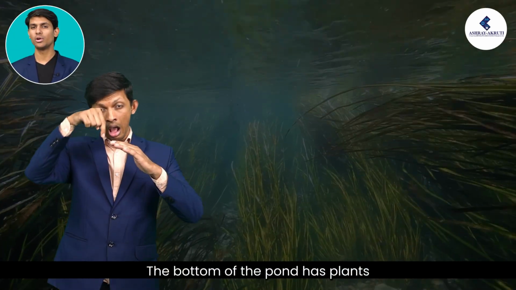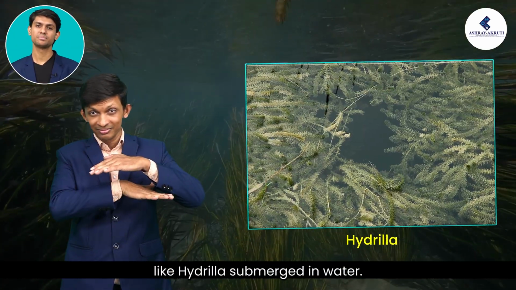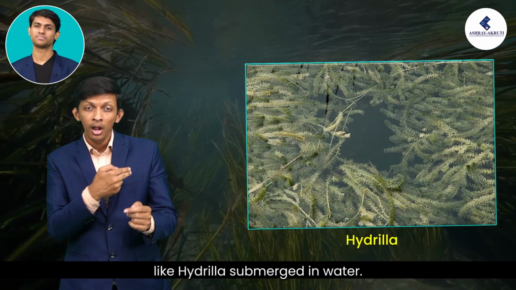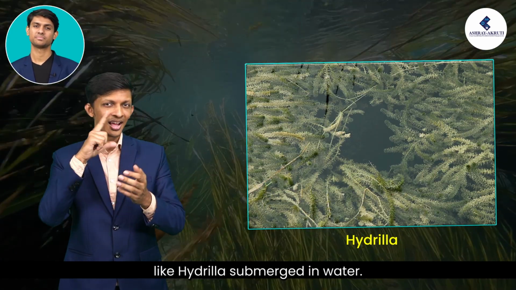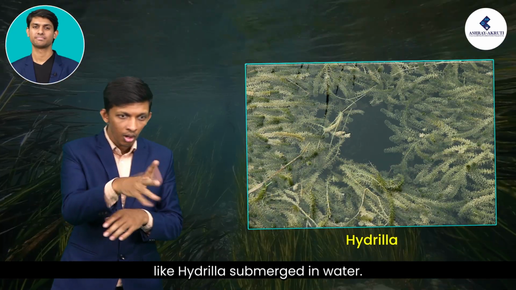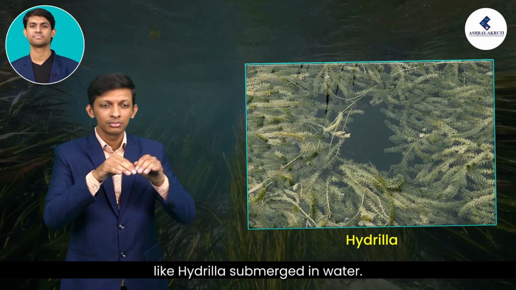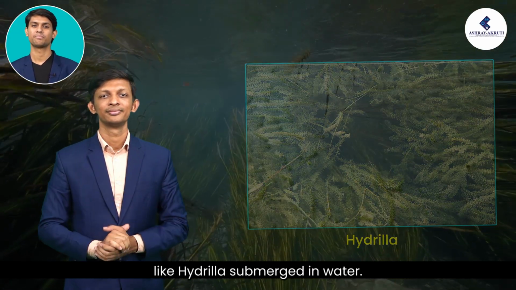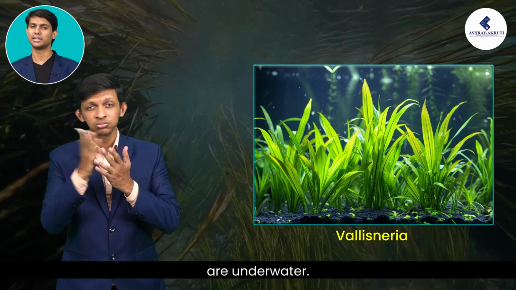The bottom of the pond has plants like hydrilla submerged in water. All parts of the plants are underwater.